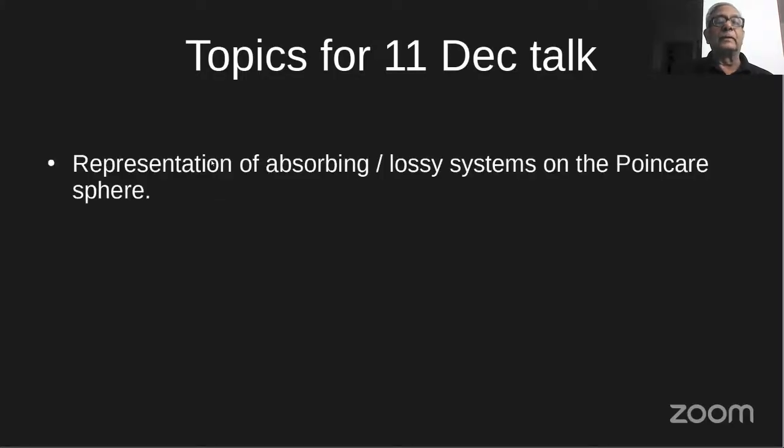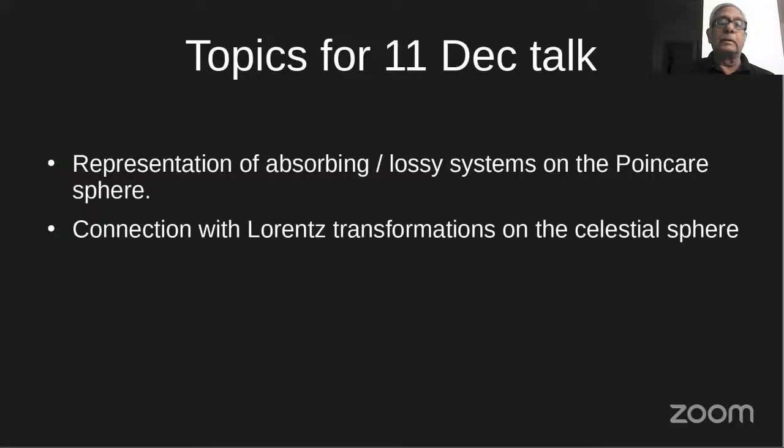I didn't say much on how to put an absorbing or lossy system on the Poincare sphere. I did say something about putting something which is unitary, but it turns out there's a completely independent way that Lorentz transformations enter on the Poincare sphere.